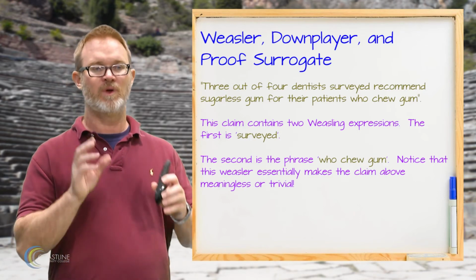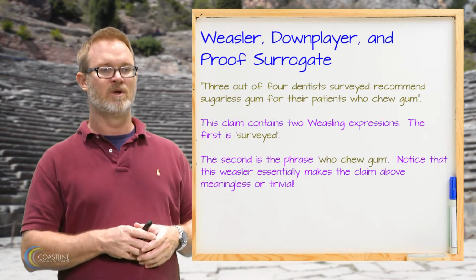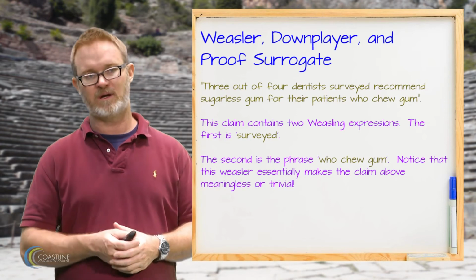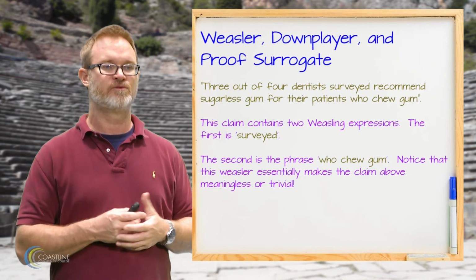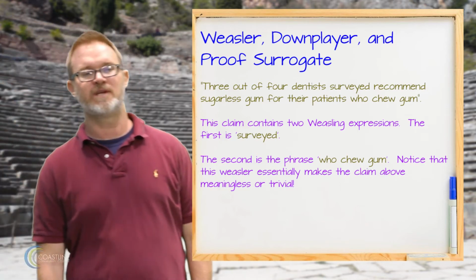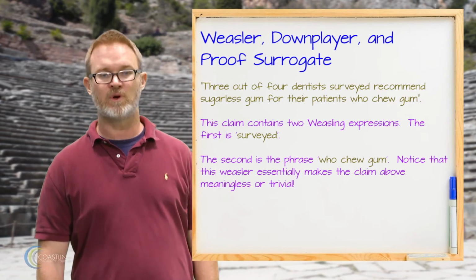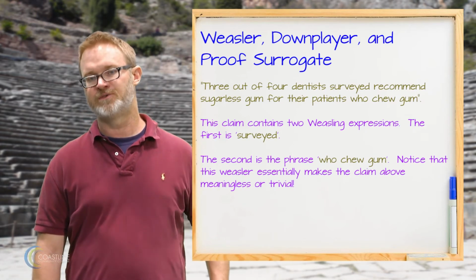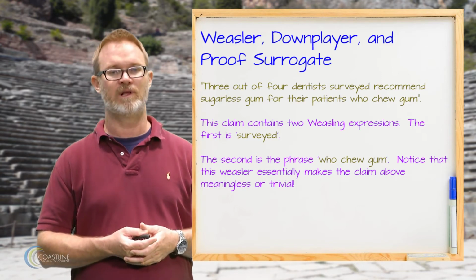But when you read into it more, it has two Weaselers in it, and when you inspect them, the claim is reduced to meaningless. The first Weaseler is "surveyed." This isn't 3 out of 4 dentists, this is 3 out of the 4 that were surveyed. For all we know, it could just be 4 dentists, which would mean very little.